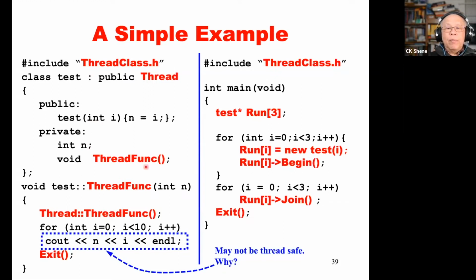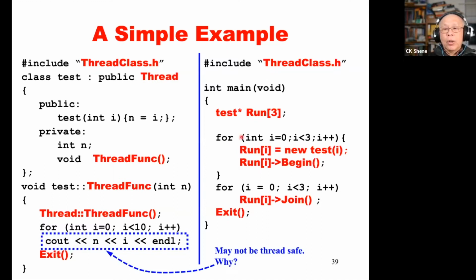And we have thread func, and this is the definition of the thread func. This is the first line. Always remember, when a thread exits, never just execute a return or even exit without a return. The last statement to be executed in a thread has to be exit, the uppercase exit.